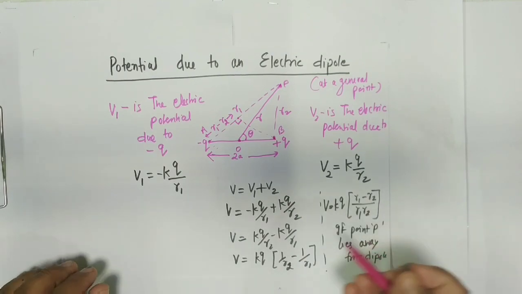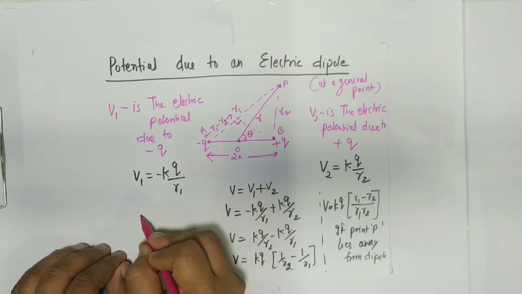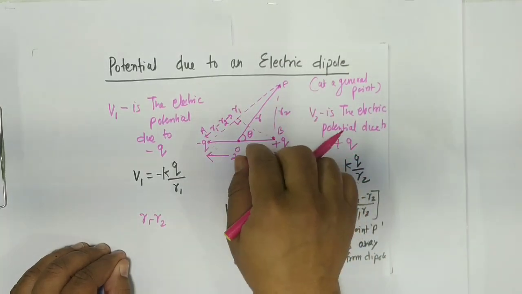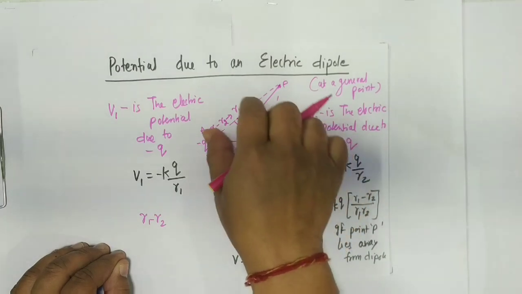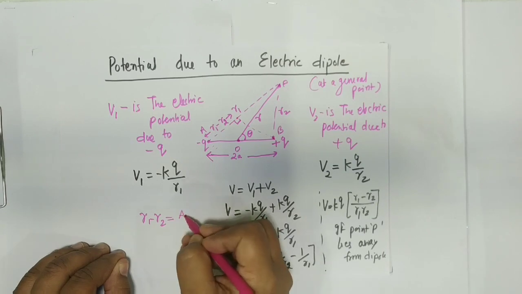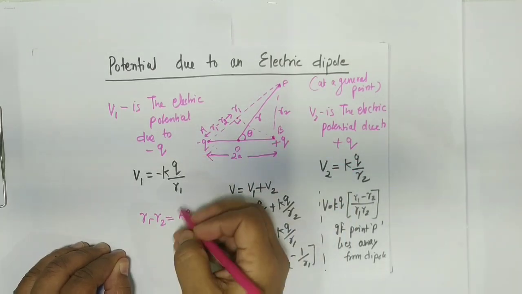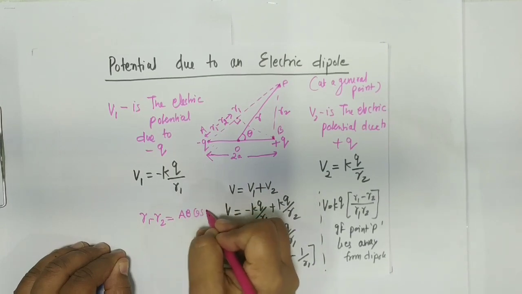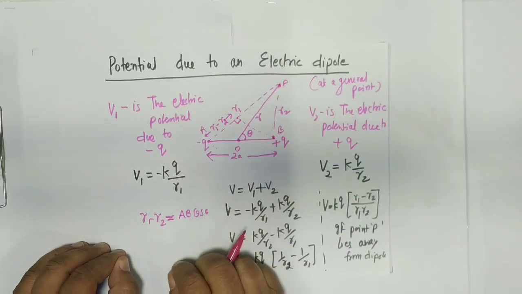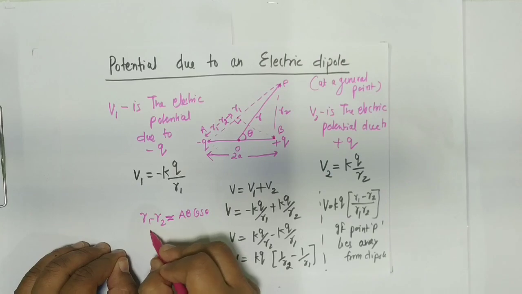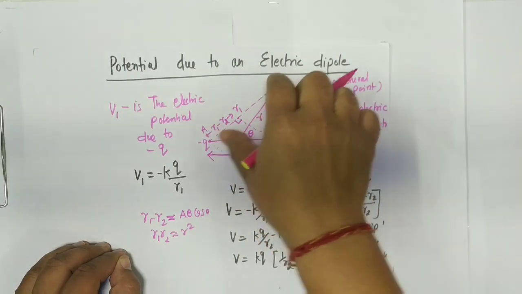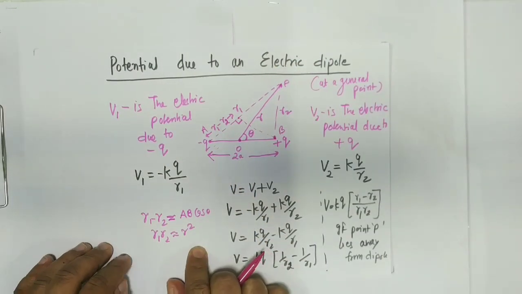R1 minus R2, with this angle theta, can be written as AB cos theta, nearly equal to AB cos theta. And R1 R2 can be written as r square, because in that case, being far away, R1 and R2 are almost the same.